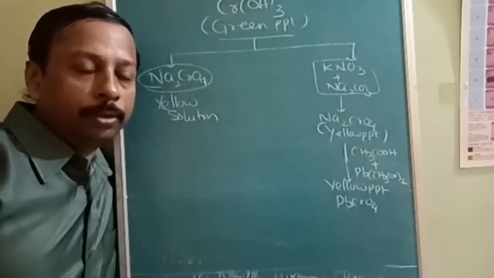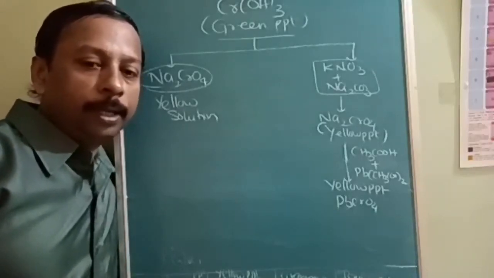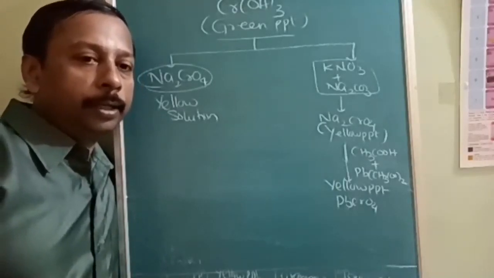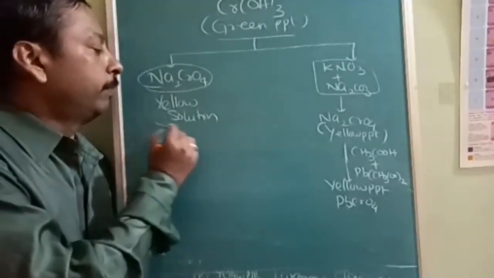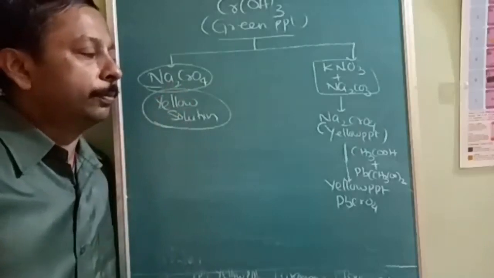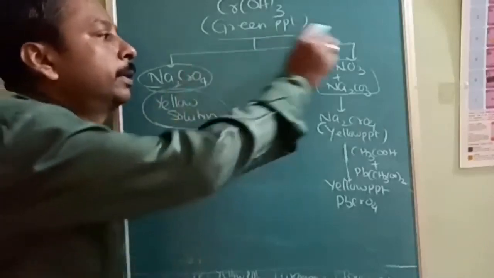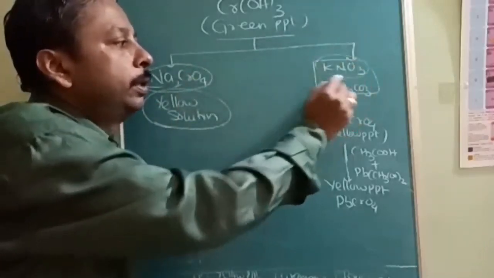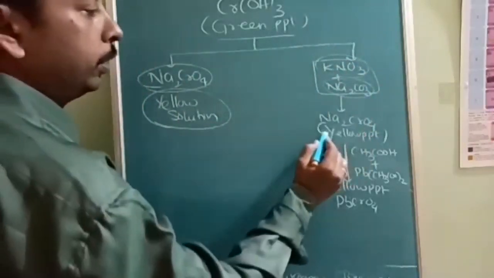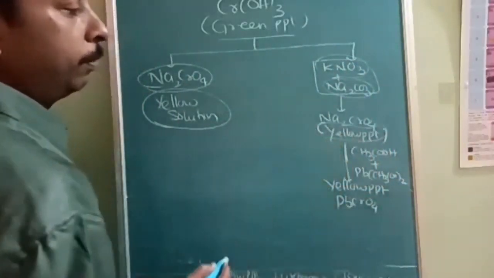There are two types of salts, sodium dichromate and sodium chromate. Here we are converting into sodium chromate, and we prefer this because it is itself a yellow solution. The same is converted through KNO3 and Na2CO3, and then also we get Na2CrO4, which is yellow.